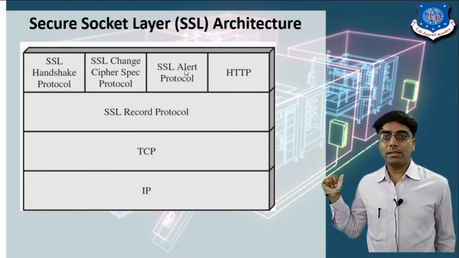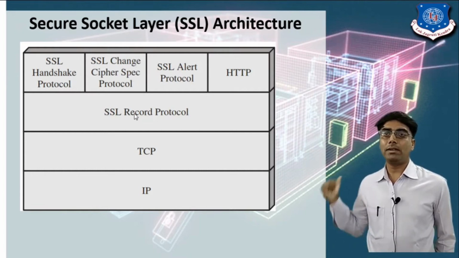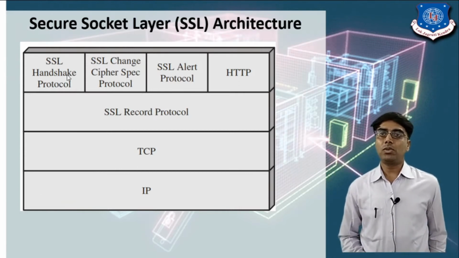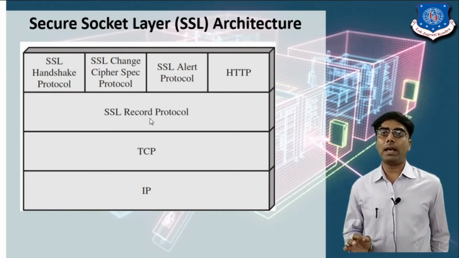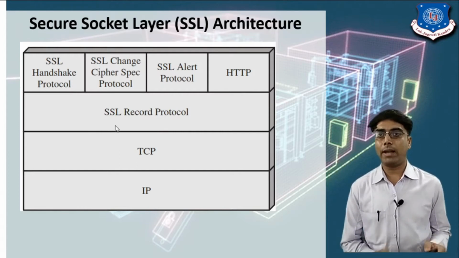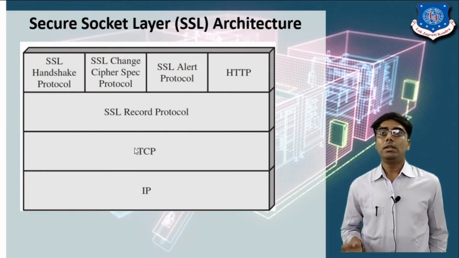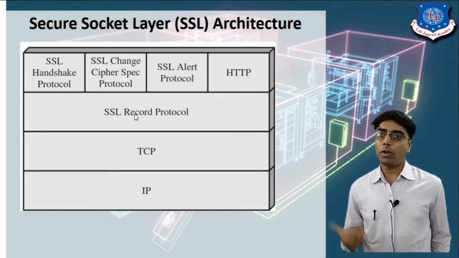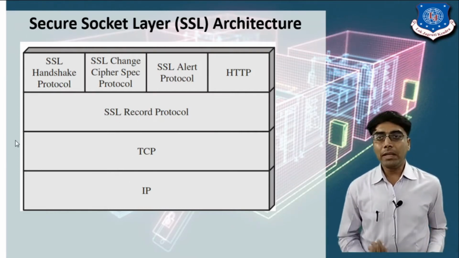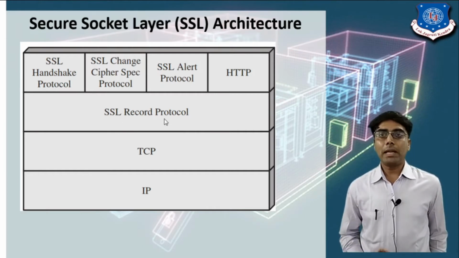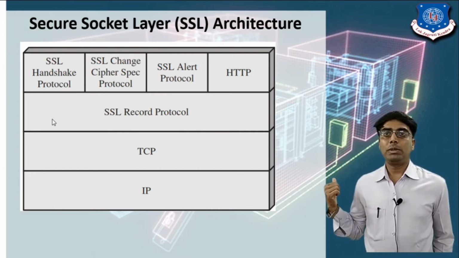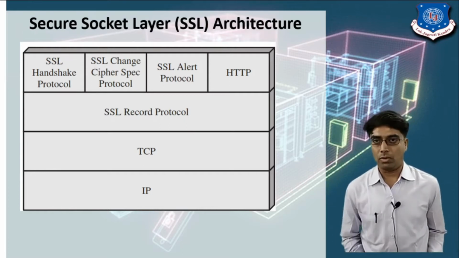Third, the SSL alert protocol, and the next is the SSL record protocol. These two, the handshake protocol and the SSL record protocol, are very important. In the SSL record protocol, we do the calculation of the MAC, apply the encryption algorithm, and apply the compression method.